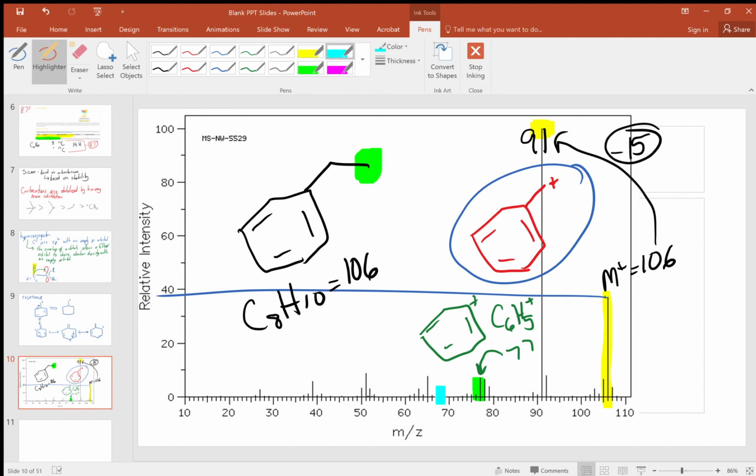There's some small peaks in the rest of the spectrum, but nothing that looks terribly significant. And that's because aromatic rings, as we're going to learn over and over again, are very, very stable. And so even under mass spec conditions, it's really tough for them to break apart. And so as you can see here, even under these conditions, we don't get the aromatic ring to break apart at all.